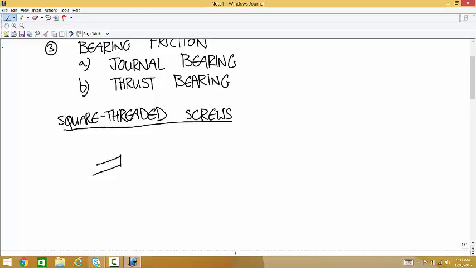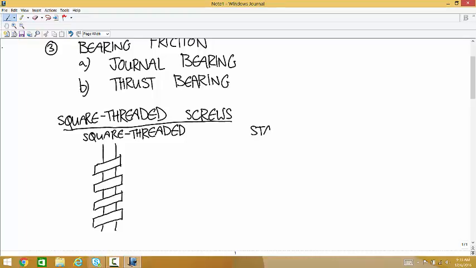If you picture a screw or a bolt where the thread looks like this, where the thread is a constant thickness the whole way around, that's square threaded. And that's different than the standard screw or bolt that looks like this.